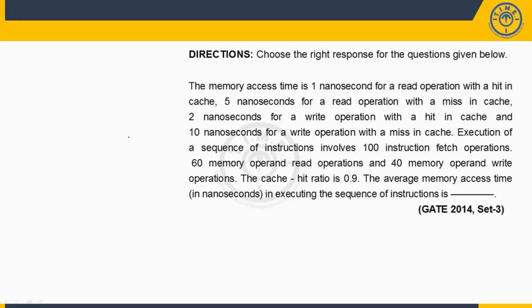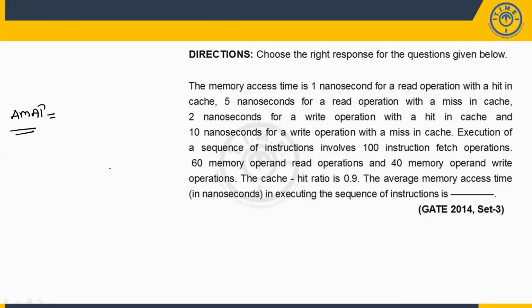So you need to calculate average memory access time separately for read and write, right? Because read and write are given separately. Initially, how many read operations do we have?